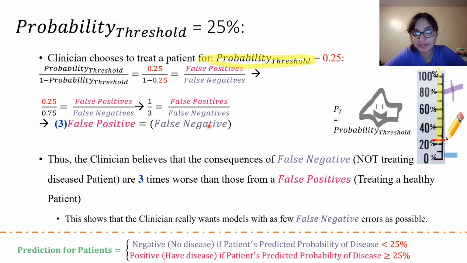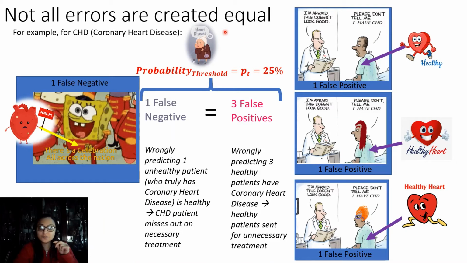But if the threshold is above 50%, then in your book, the false negative is not as bad as a false positive. So when we said that the probability threshold of 25% essentially says that one false negative equals three false positives, again, not all errors are created equal.